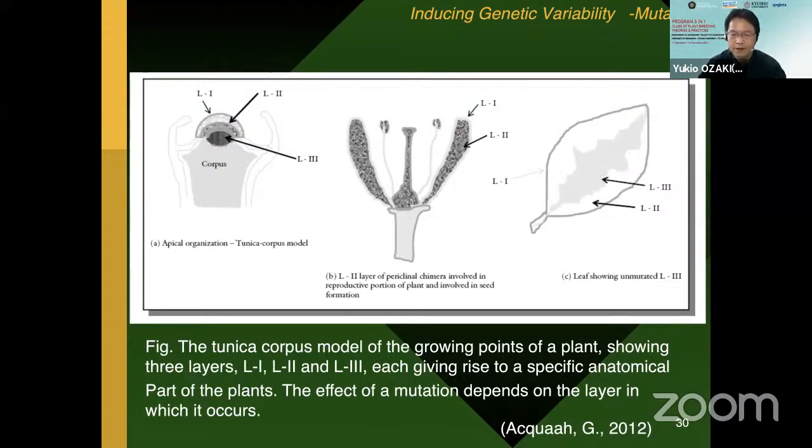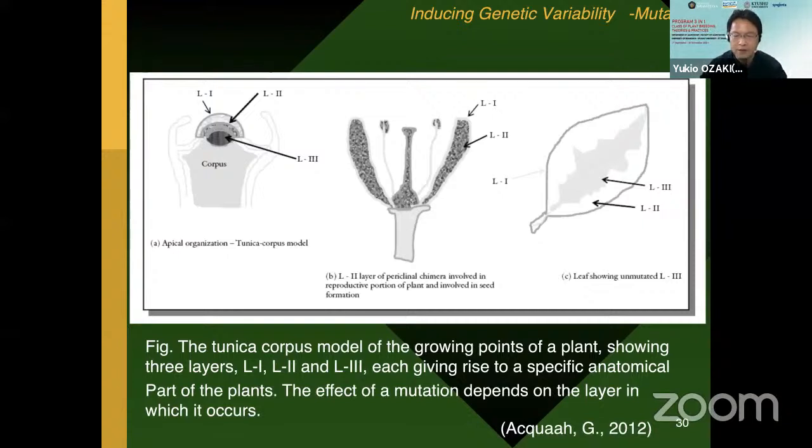L2 is the second layer of the tunica. It contributes to the outer and inner cortex of stem and root, as well as the mesophyll in the outer region of the perimeter of the leaf.